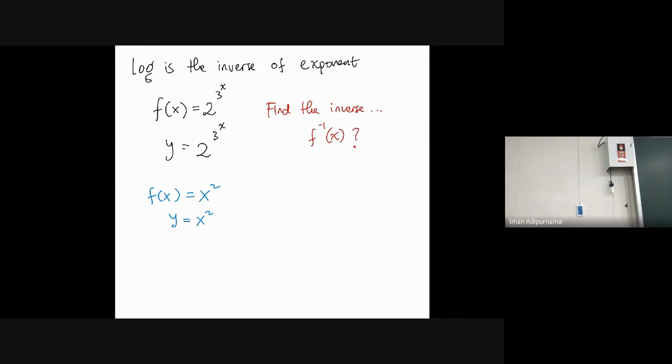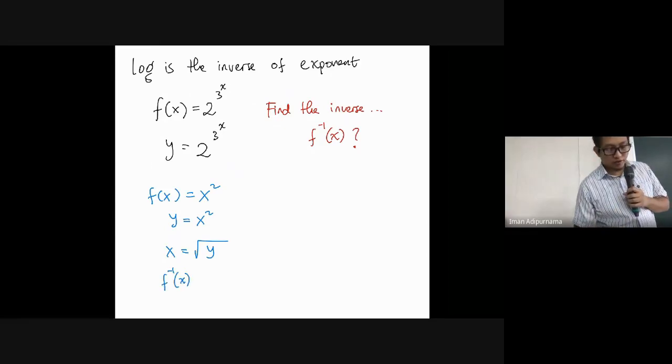So you switch the y and x. So solve for x. So x will be the square root of y. And by doing so, I'm basically changing the domain and range. So I can write f inverse of x is square root of x. Got the logic? I won't repeat again.